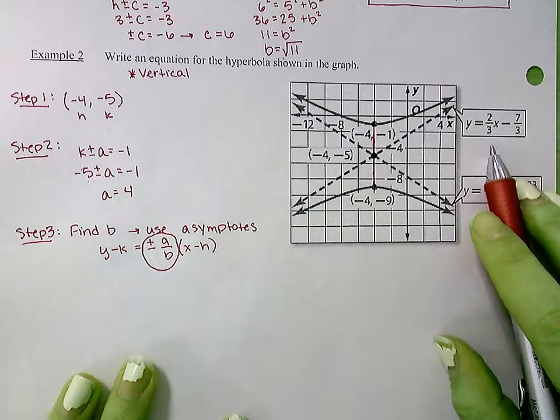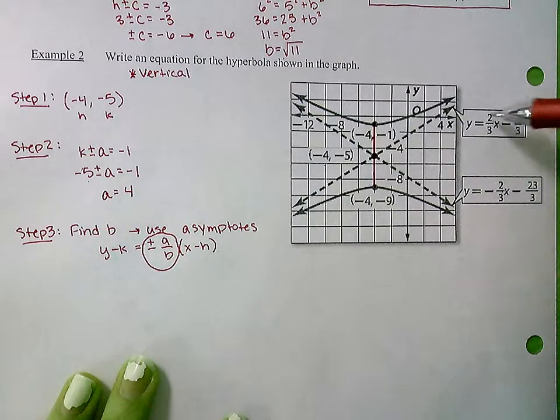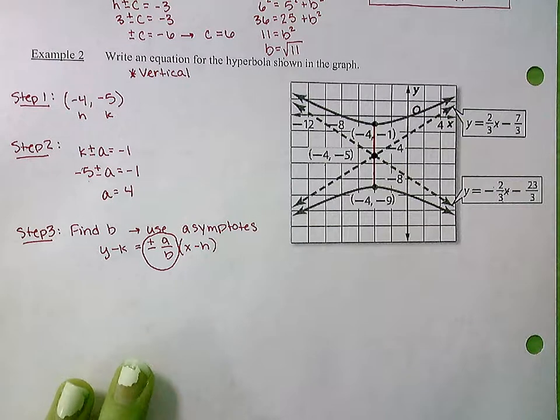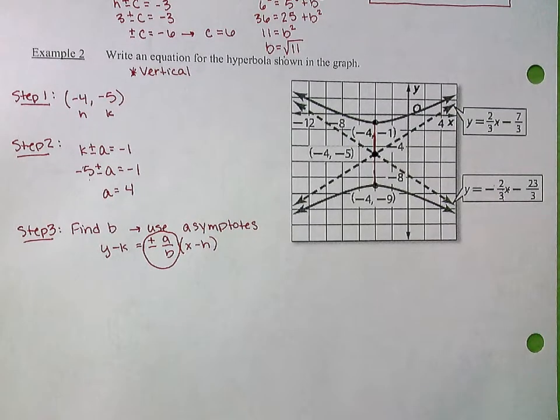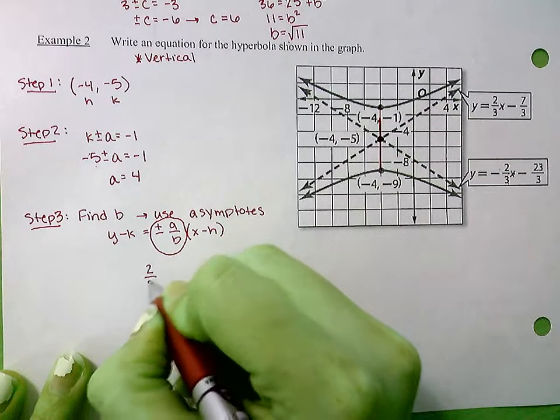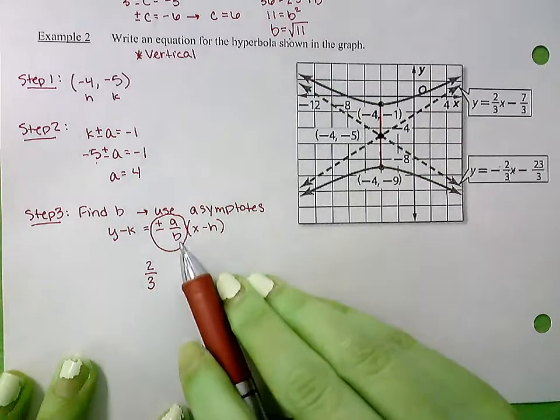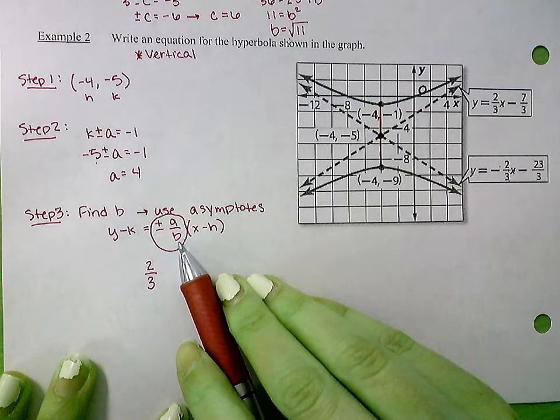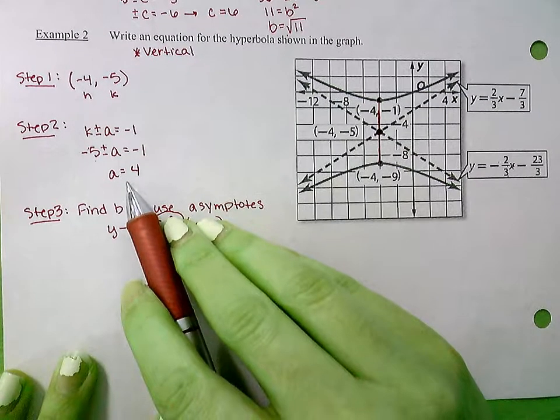Well, my equation's over here. I have 2/3 x and -2/3 x. So if I have 2/3 as a over b, but I know a is supposed to be 4, right?